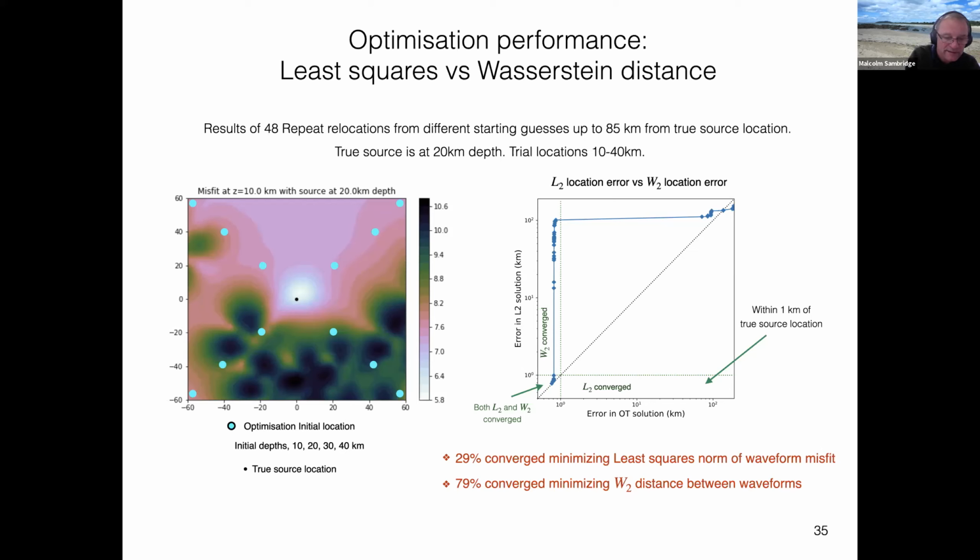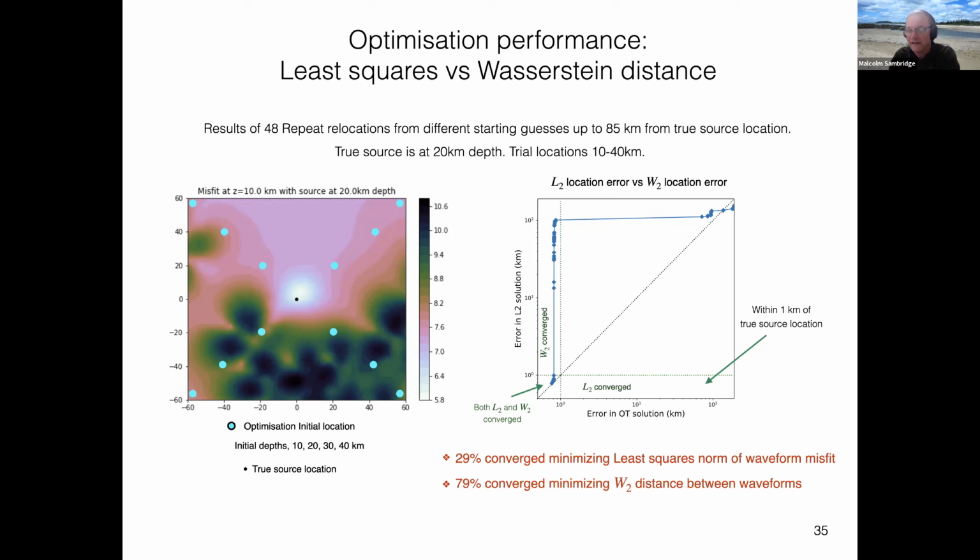So we're up to 60 kilometers away, which is a significant distance for this problem. So it's 12 times 4, 48 different inversions. And I've done that for both the L2 norm and the Wasserstein as I've described it.